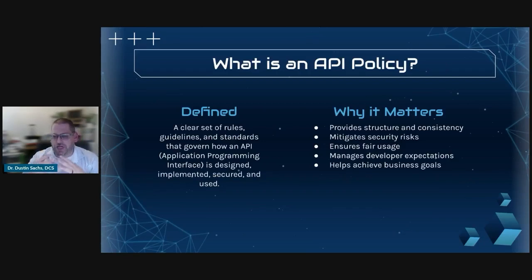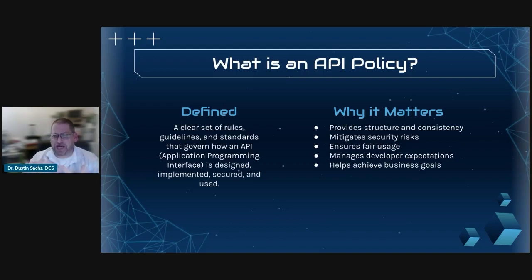So when we talk about what an API policy is, we're talking about a clear set of rules, guidelines, and standards to govern how the API is going to be designed, how it's implemented, how it's secured, how it's used, the life cycle of that API from ideation to implementation. And this matters because you want to provide structure and consistency to the development. We talk about the secure development life cycle.